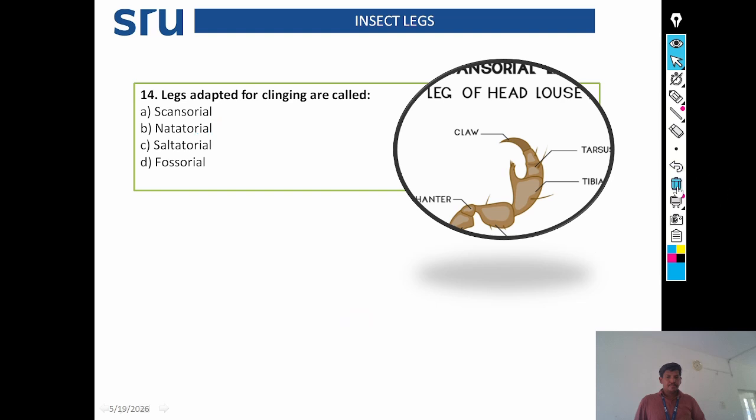Legs adapted for clinging are also known as scansorial legs. These legs are there in head louse.